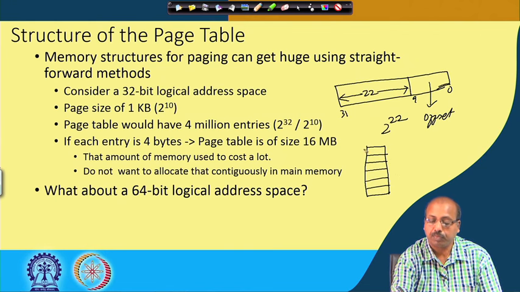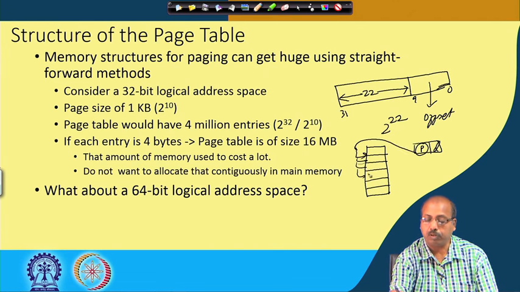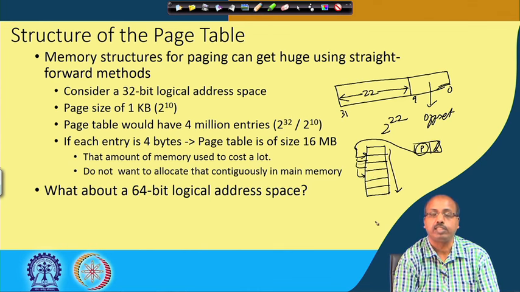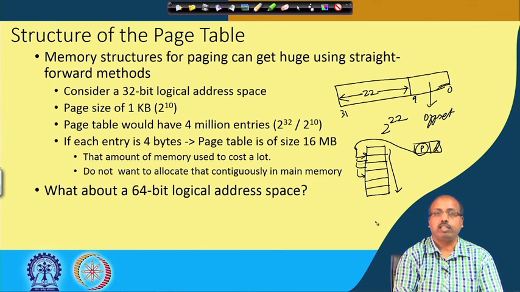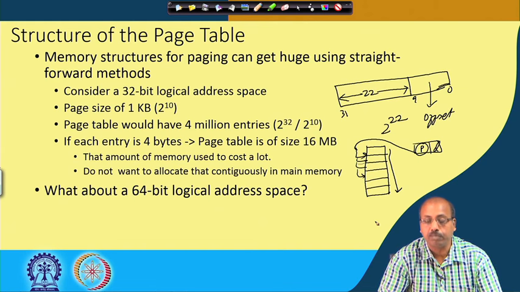And we are directly using the page number, this page number P and offset D. The page number part is used directly to index into this table. That is only possible when the entire page table is allocated sequentially, in contiguous locations in the main memory.